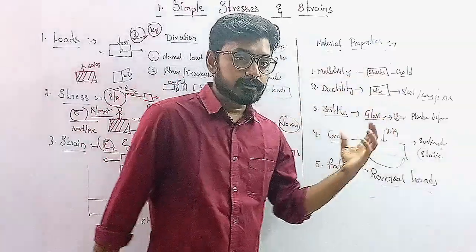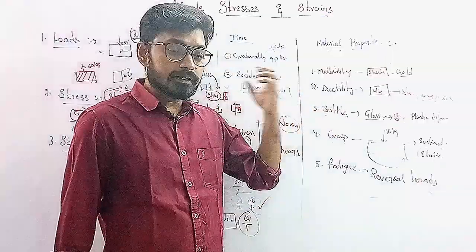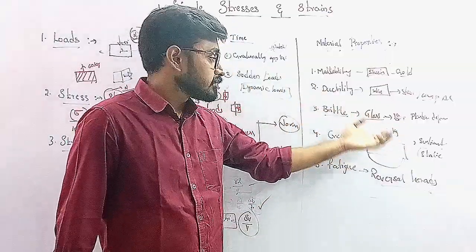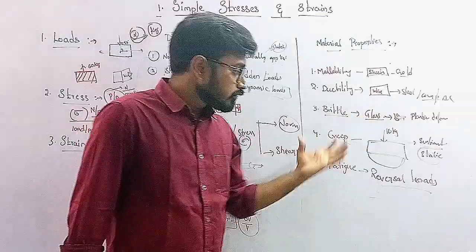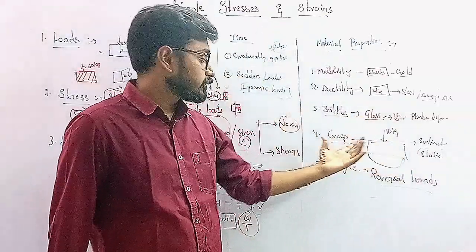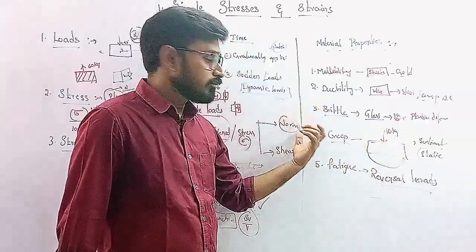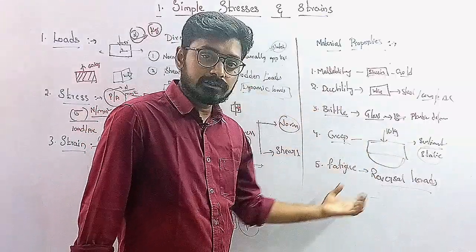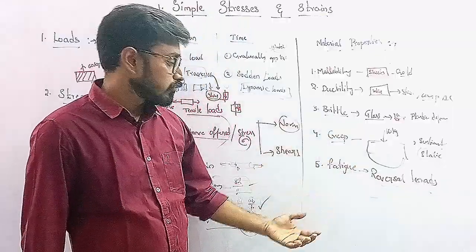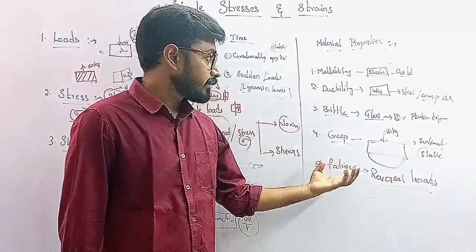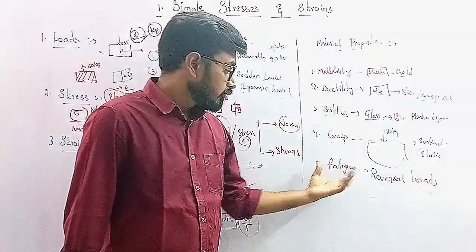If there is no warning sign of failure and sudden failure occurs, such a material is called brittle. Due to constant load on a body, it will undergo permanent deformation. Such a property of the material is called creep. And fatigue means that due to the continuous application of loads, the material will lose its ability to take the stress. Such a property is called fatigue.